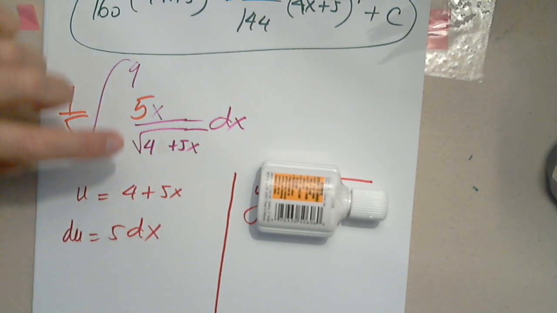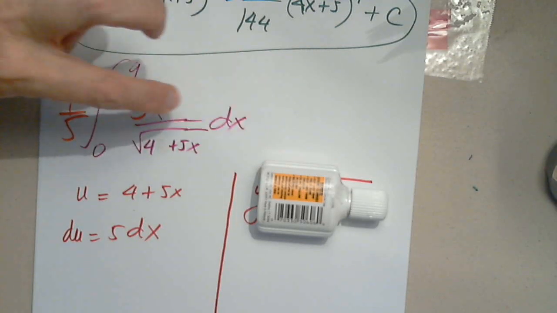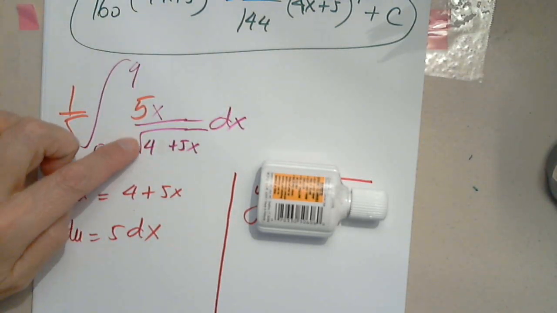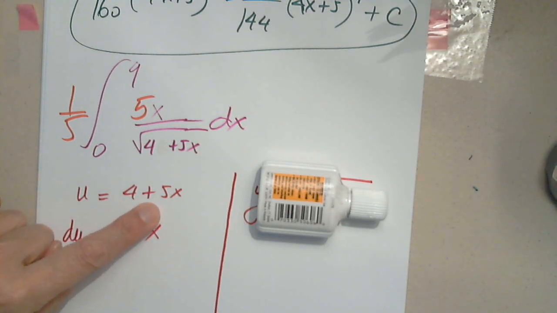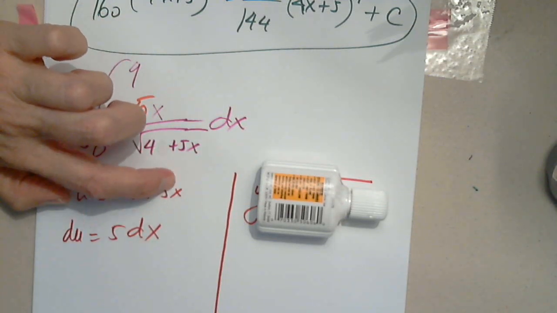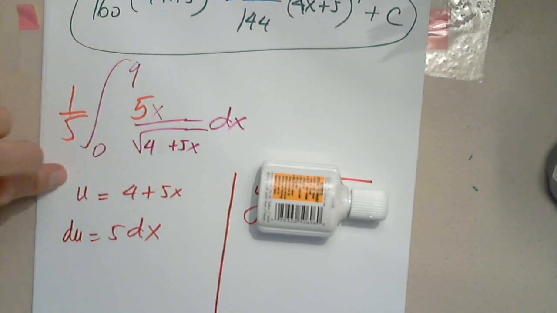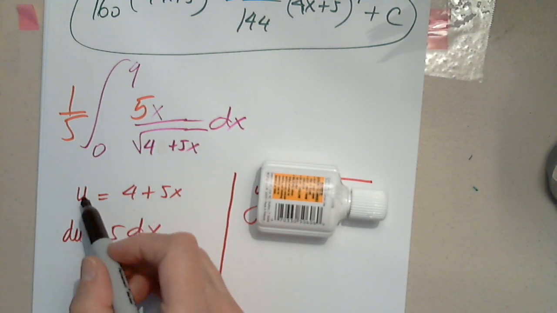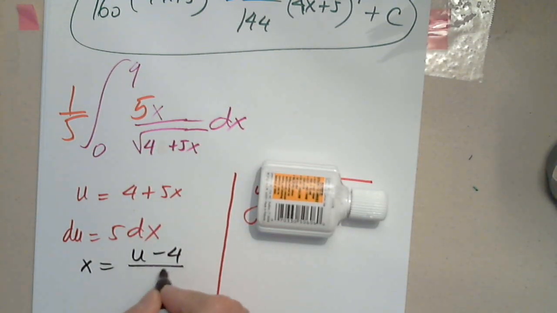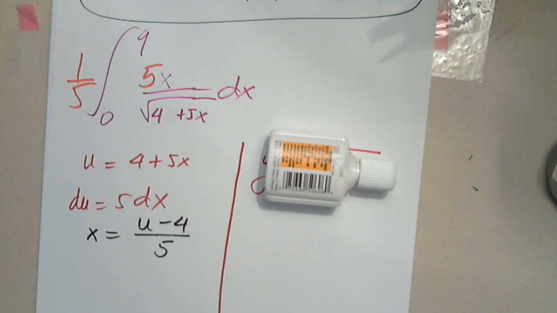And now 5 dx is du. The denominator is the square root of u. But again, I have a problem here with this x. But it's really not a problem because I can solve for x in terms of u. So from here, I subtract 4 and I divide by 5. So x equals (u minus 4) divided by 5.